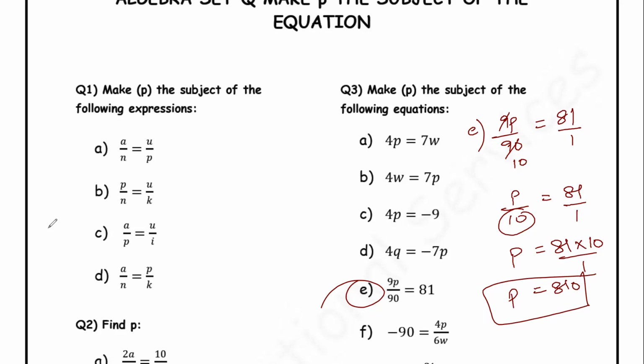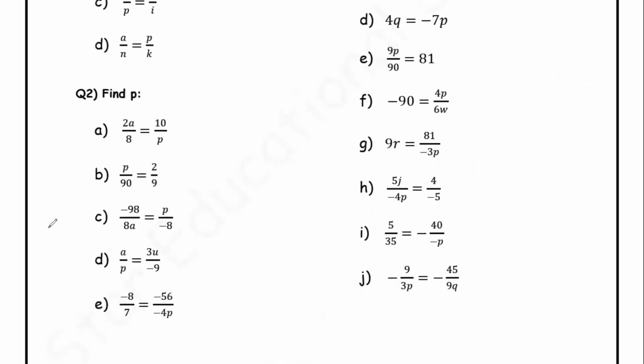Okay. F, G, H, I, J. F. So I got negative 90 is equal to 4P upon 6W. So I just want P. So I'm going to first multiply both sides by 6W.